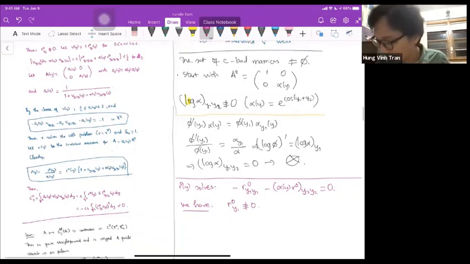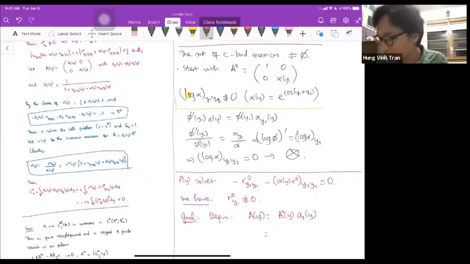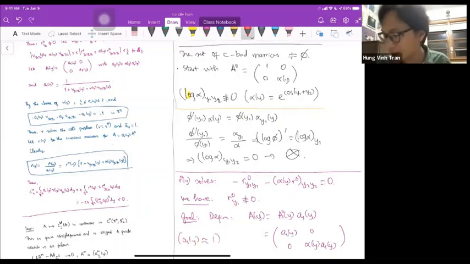The goal is to define A of y to be A naught of y multiplied with a constant, a1 of y, a function. So it's going to be a1 of y, 0, 0, alpha y, a1 of y. And what I want is that a1 of y is quite close to 1, so it's just a small perturbation of A naught.